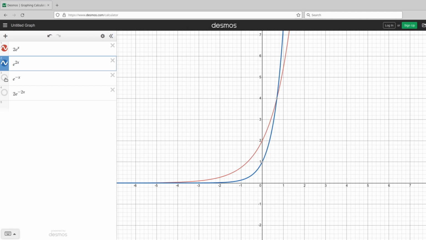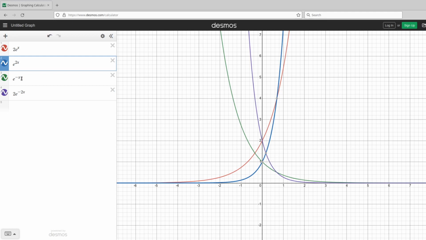Let's take a look at these continuous decays. So for e to the minus x, we see the opposite behavior as we move to the right. The y values of the graph get smaller, eventually getting very close to 0. And for 2e to the minus 2x, we see a similar phenomenon where the decay, that is how fast the y values go down, is faster than e to the minus x.